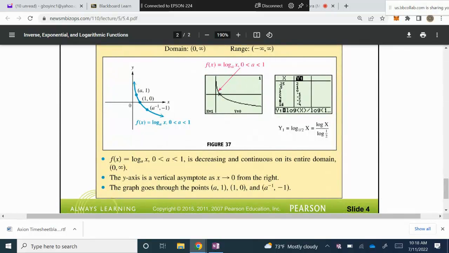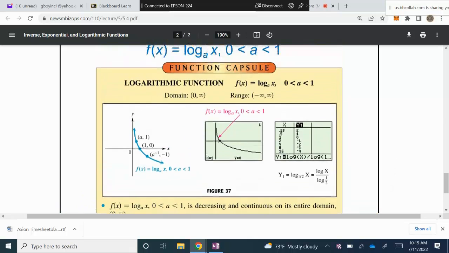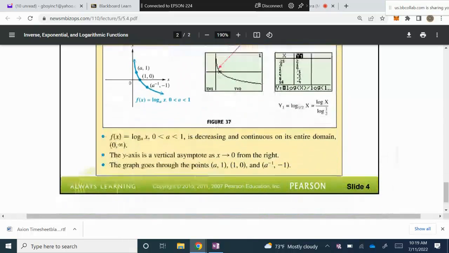Reading the bullet points here, it's decreasing, it's also continuous, it also has a vertical asymptote, and here are some of the points that it passes through. Now, graphs aren't really going to be a big part of our course. The main thing on these first two slides is just the functions themselves.